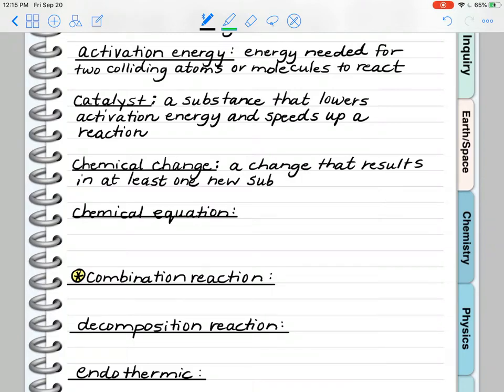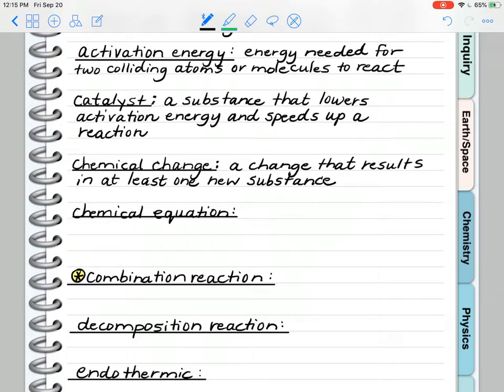If I am baking a cake and I add the eggs and the milk and the flour and the sugar, and I put that in the oven and allow it to bake, once the cake is done, can I go back to eggs and flour and sugar? No. That is a chemical change. Once the change has occurred, it can't be undone, or it can't be easily undone.